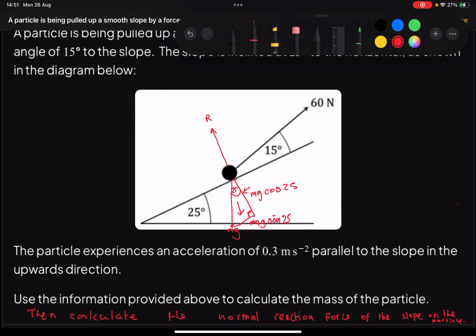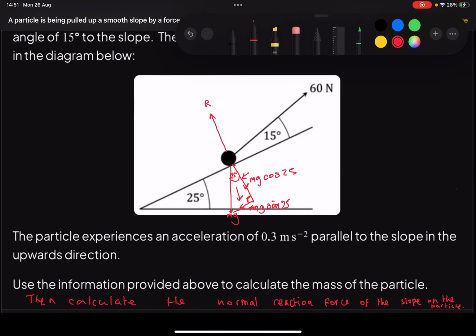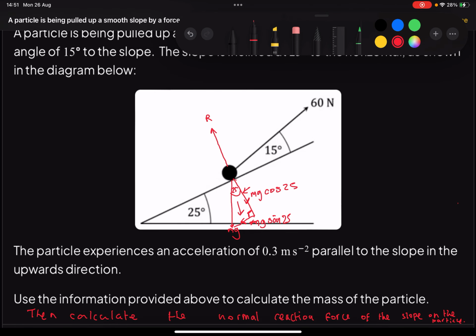Let's label our forces. So this goes down and then this goes left. That's all you need to do for the first part of this triangle.